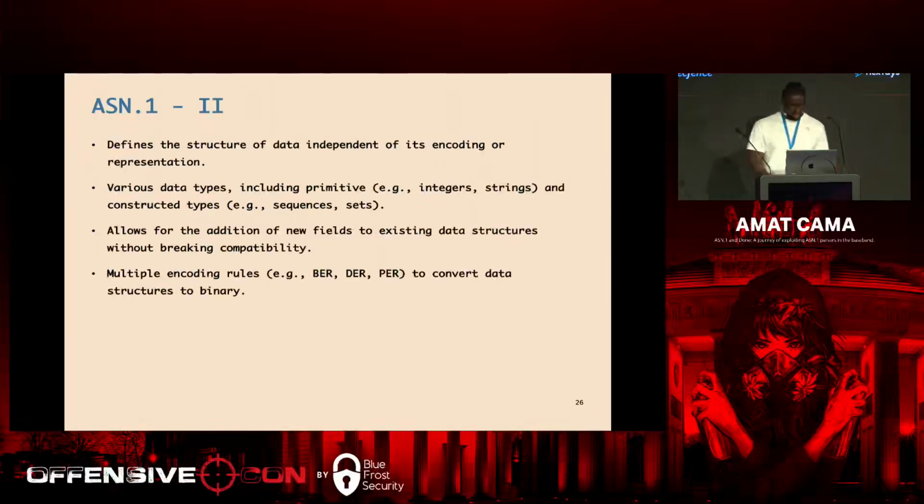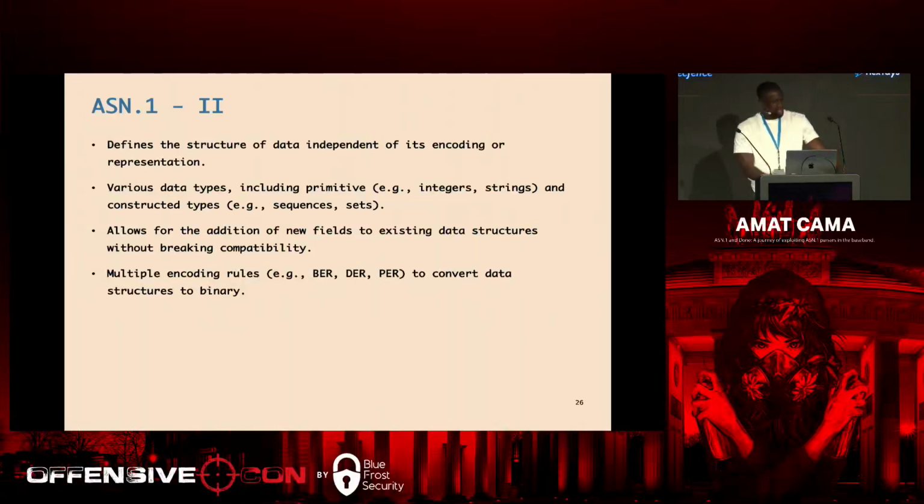The key is that it defines the data independent of its encoding. So it doesn't describe what it should look like physically, just the structure of the data. It has various data types: primitive types, the standard ones like integers and strings, and constructed types like sequences and sets.